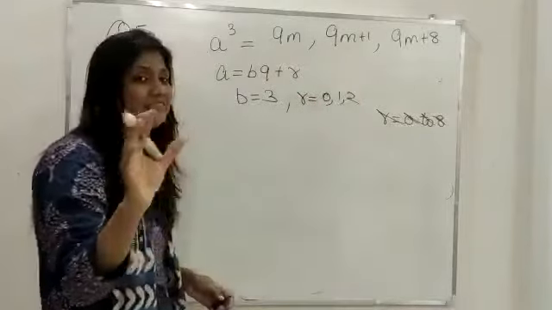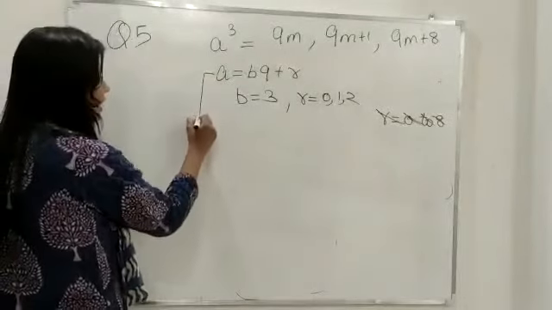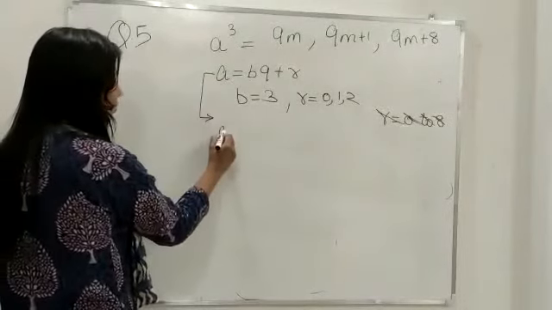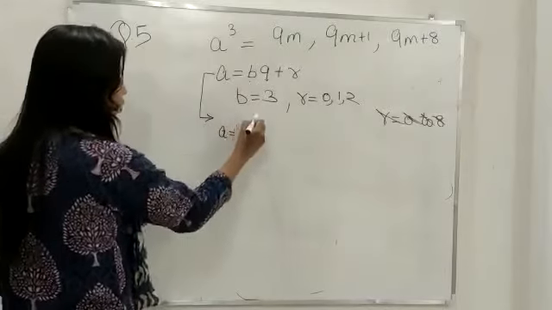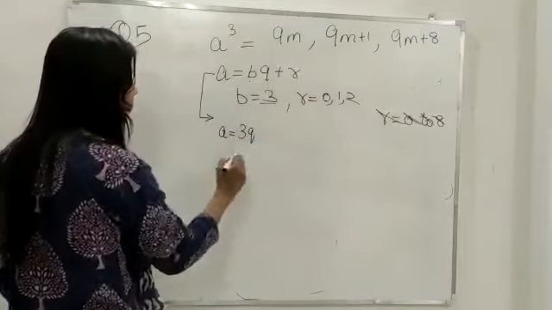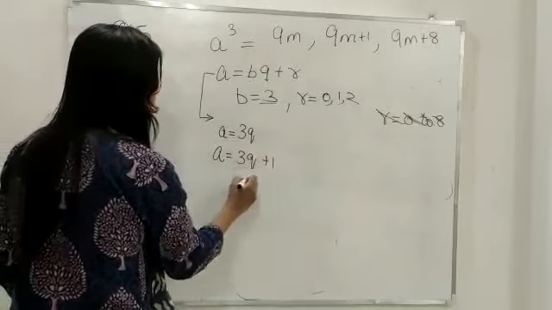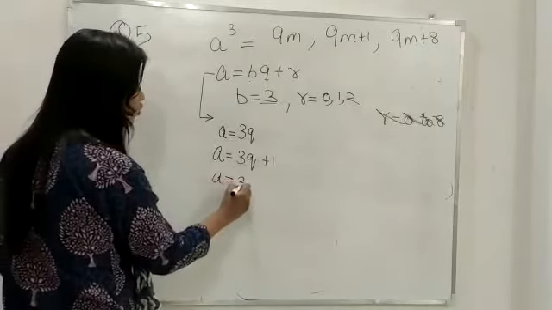It should be less than 3, right? It should be less than b. So now I can say my a will be bq plus remainder. b is 3, so 3q plus remainder. First remainder is 0. In the second one, remainder is 1. And in the third one, remainder is 2.